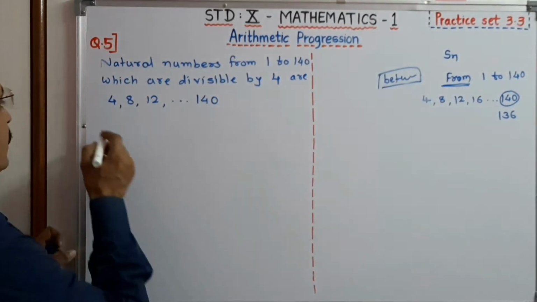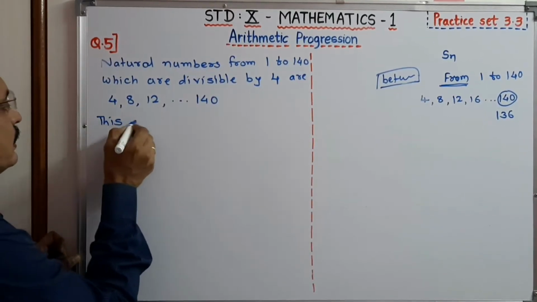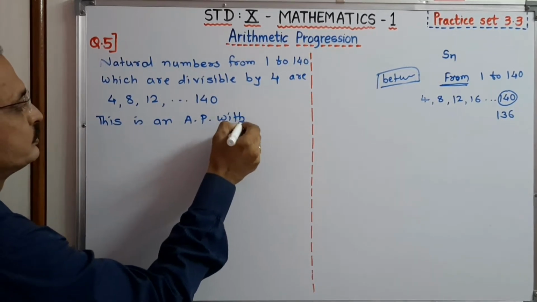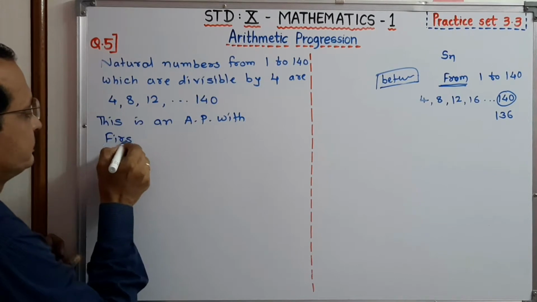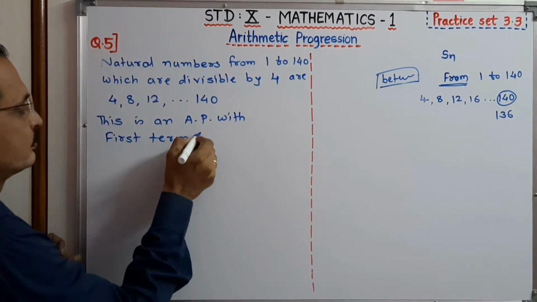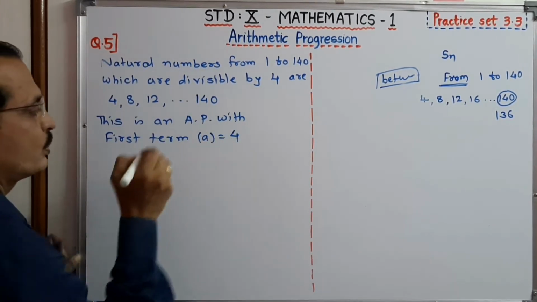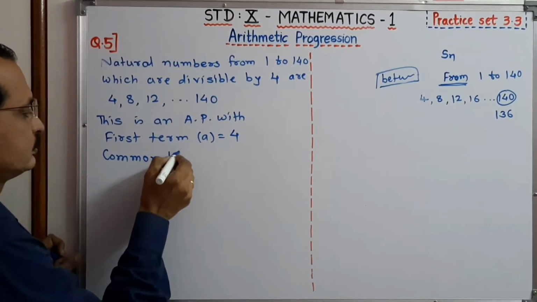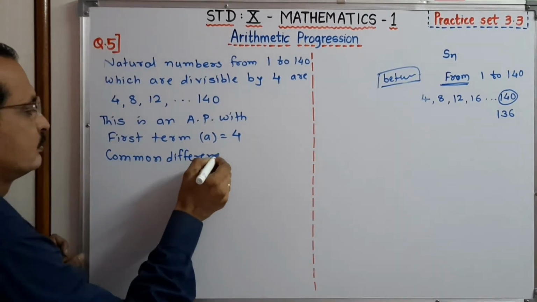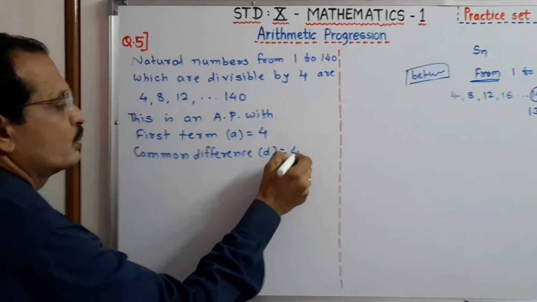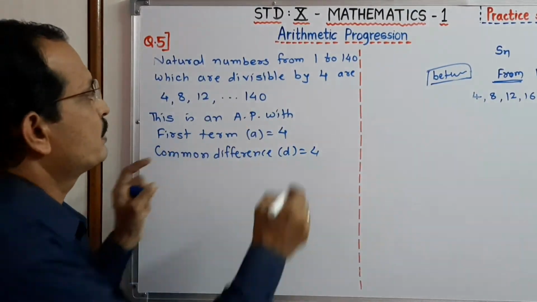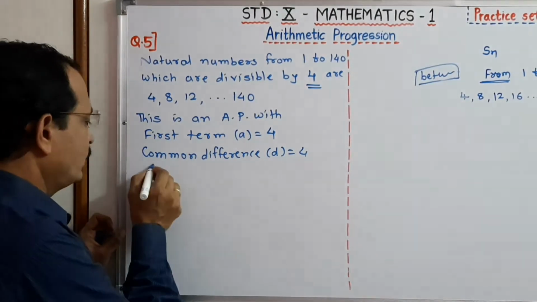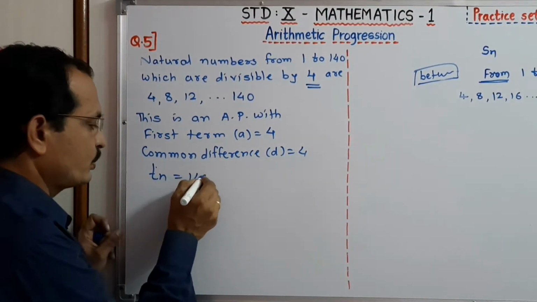Therefore this is an AP with first term a equal to 4. Common difference d equal to 4, since it is divisible by 4, therefore the common difference will be 4. Tn is equal to 140.